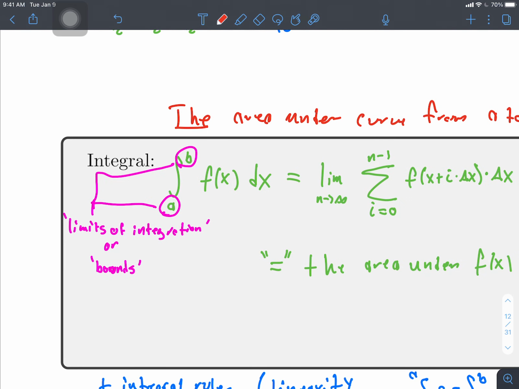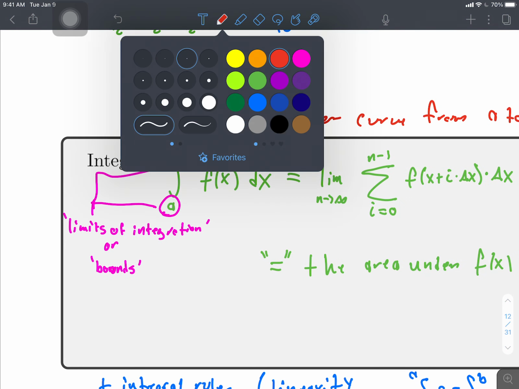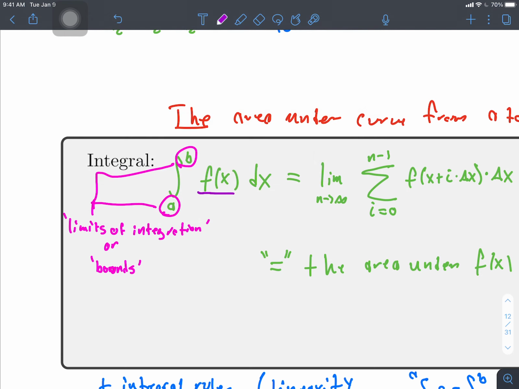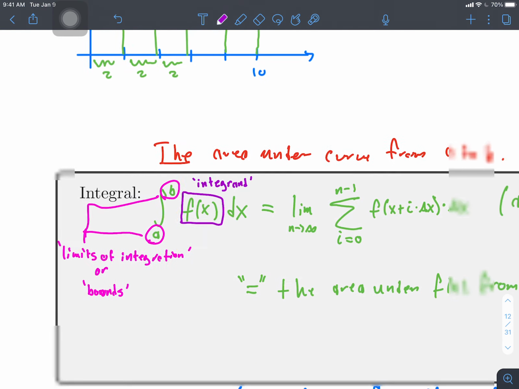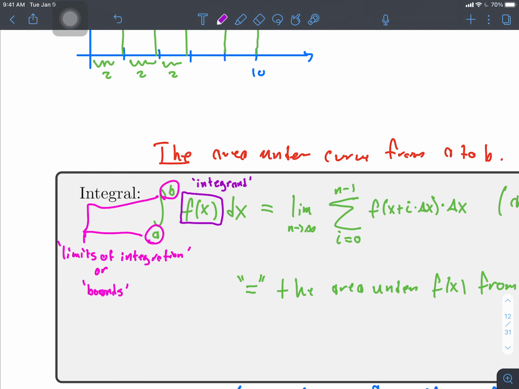We also have another word here, which I'll write in purple. We call this function the integrand. I know, that's a kind of pompous sounding word. The integrand is what we call the function which we are integrating.